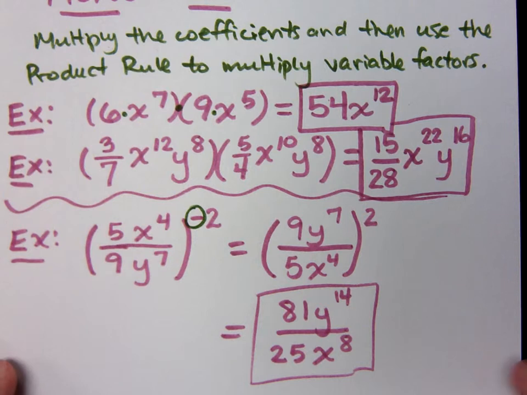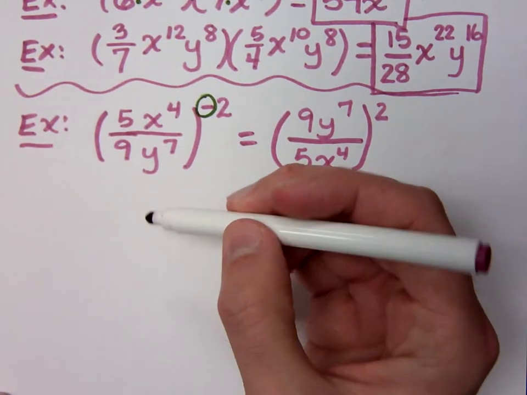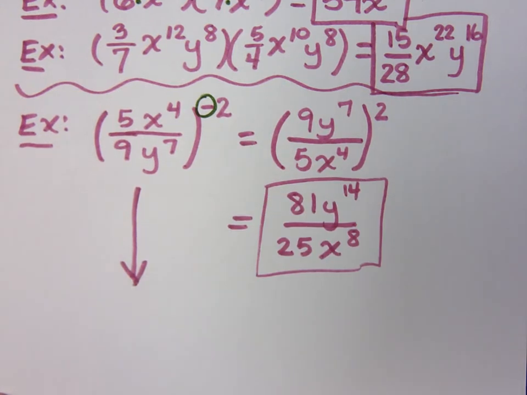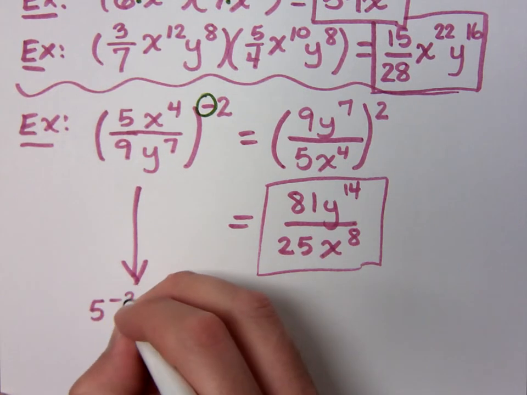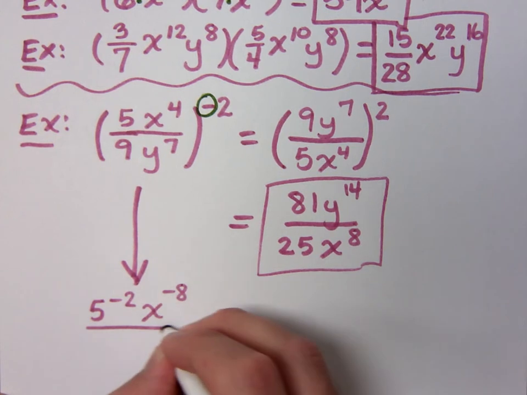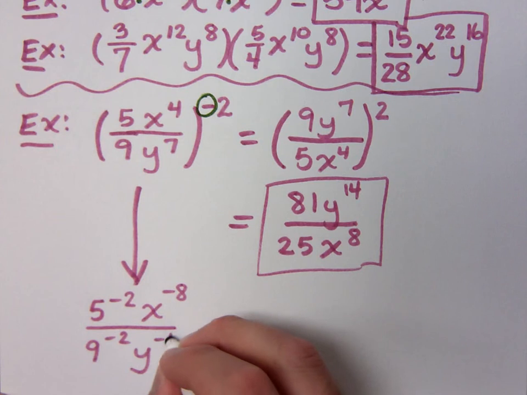Since we're on this topic, we got a little off topic, but that's okay. If you don't like this, skip to the next video. You also could have just applied that negative 2 exponent: that's 5 to the negative 2nd, x to the negative 8th, over 9 to the negative 2nd, y to the negative 14th.